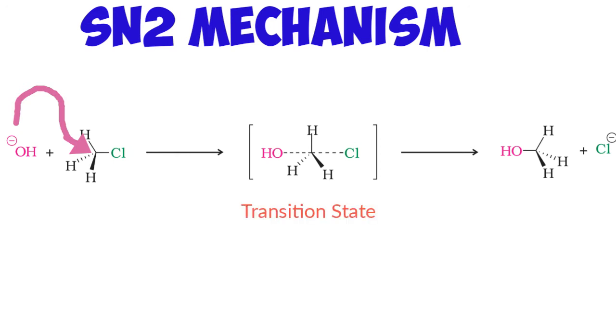In this transition state, the carbon atom is simultaneously bonded to incoming nucleophile and outgoing leaving group. That is, the carbon is bonded to 5 different groups at the same time. Therefore, this transition state is very unstable with very high energy and this state cannot be isolated.